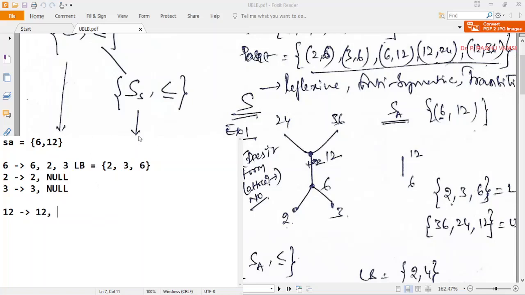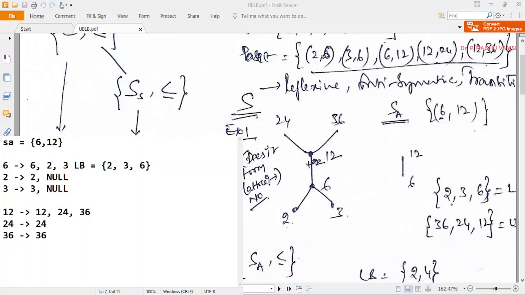Those are 24 and 36. 24 can be included because of reflexivity, and 36 can be included because of reflexivity.